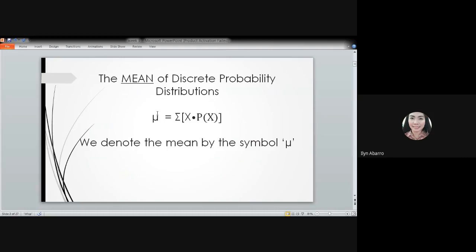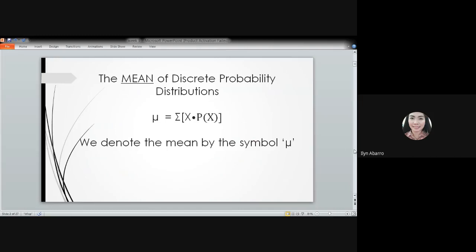Okay, so again, our formula for the mean of the discrete probability distribution is mu is equal to the summation of x times p of x.